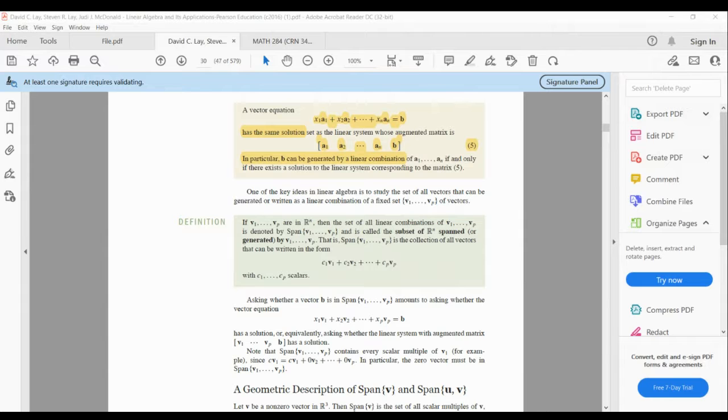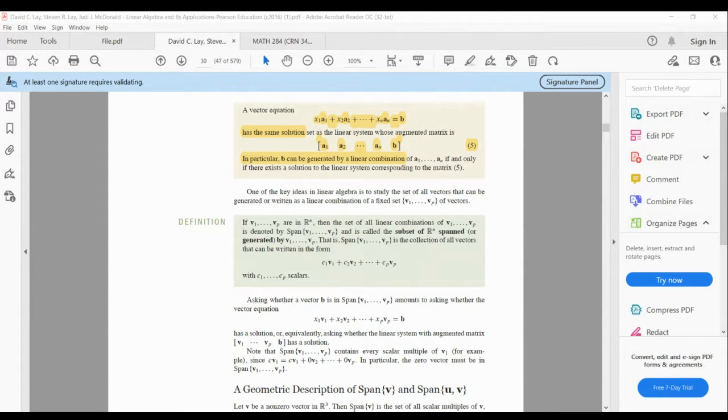It's just two different ways. The vector equation has the same solution set as a linear system with that augmented matrix. We basically just did this with the example that we did. We took a vector equation and rewrote it as an augmented matrix.